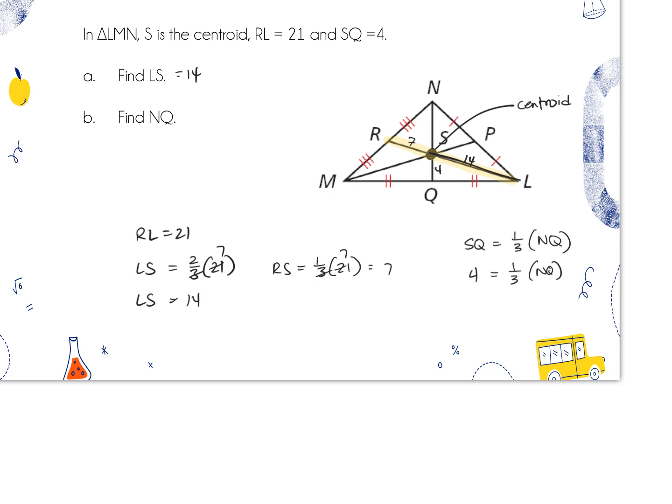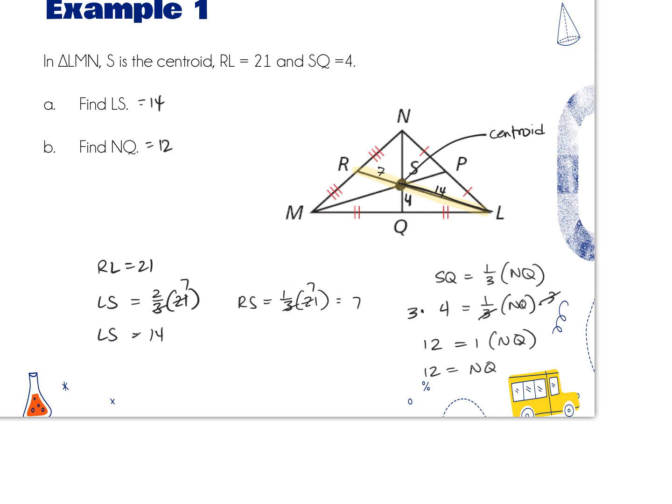I'm going to solve for NQ by multiplying both sides by 3. That cancels that, and it's 12 equals 1 times NQ, or 12 equals NQ. So NQ equals 12 units long. I know 1/3 of it is 4, and 2/3 of it is 8. And so I know that that's the answer there.